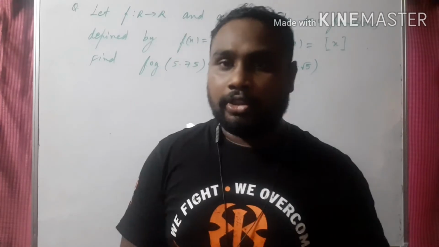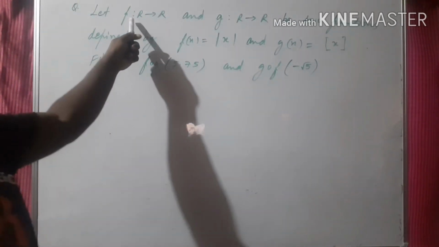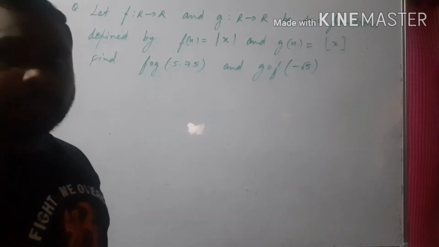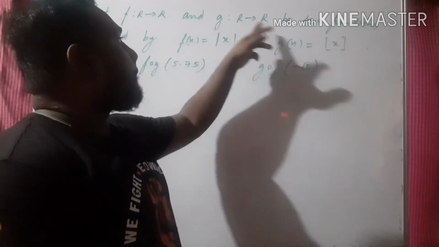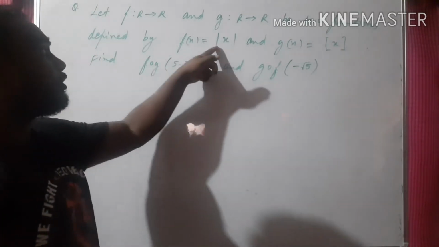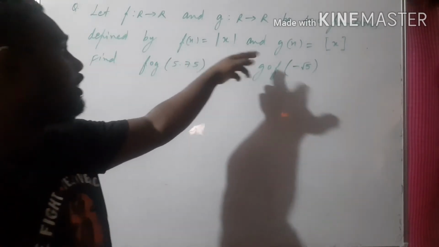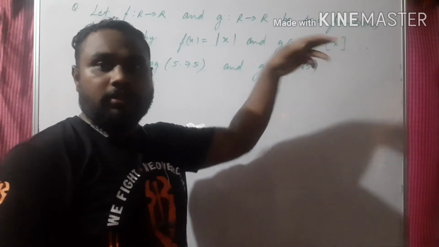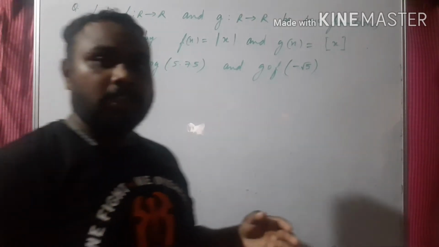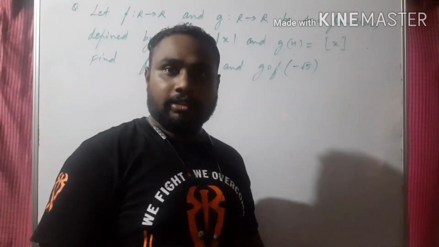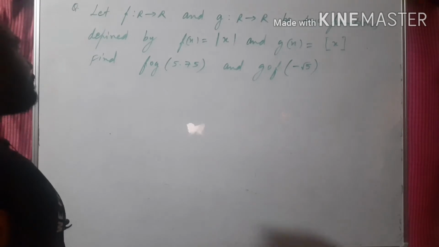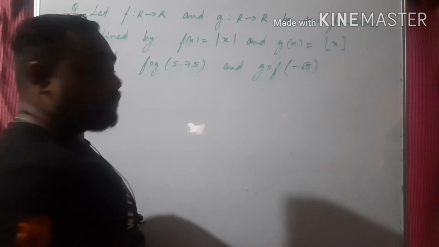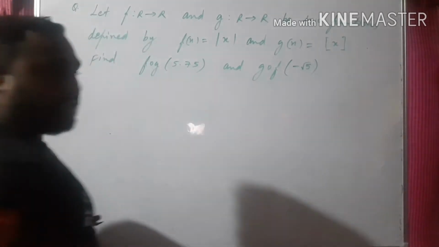Next, let us see this question. Here two functions are given, f and g, both going from R to R. They are defined by f(x) equal to modulus of x and g(x) equal to the greatest integer of x. The greatest integer function means you have to take the greatest integer less than or equal to x. We have to find f of g of 5.75 and g of f of minus root 5.